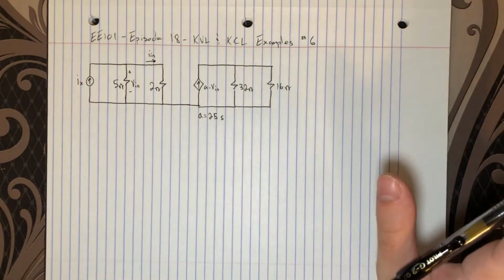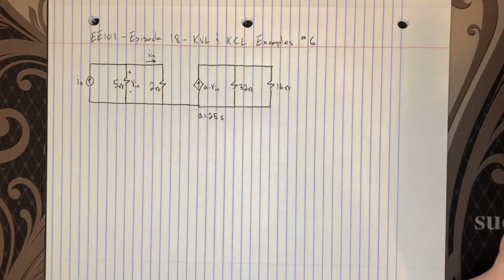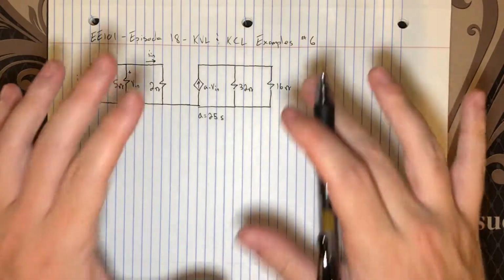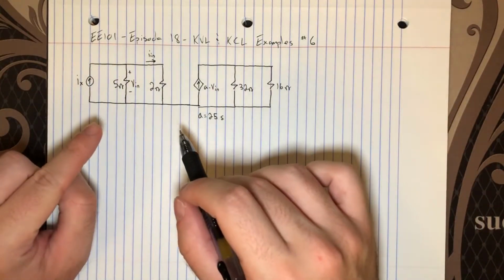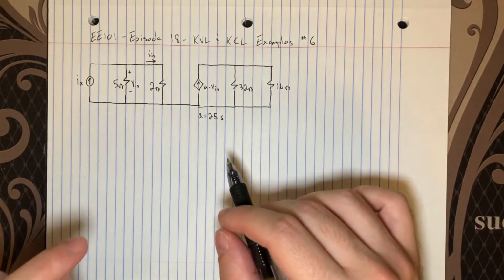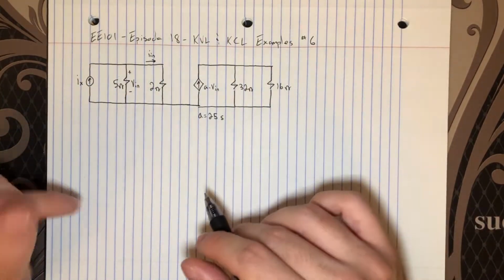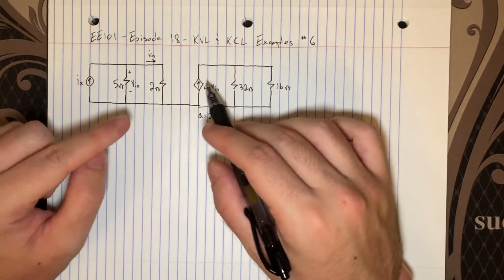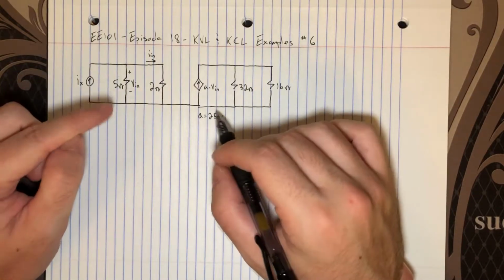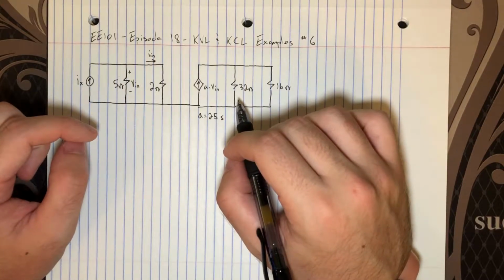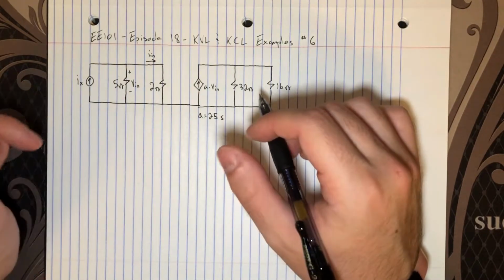Now you don't need to know any of that for the sake of this problem. When it comes to looking at a real system and building a model for it, that's one skill. But then actually looking at a circuit and analyzing it, that's another skill. So you don't actually have to know anything about a real system to analyze this. This is just a circuit. Someone created this circuit to model a real system.